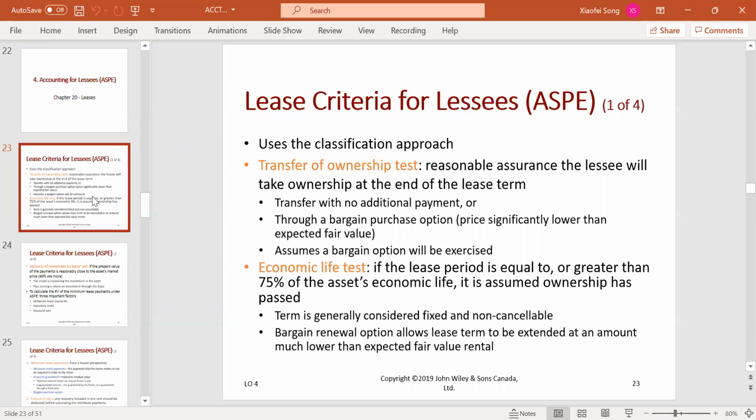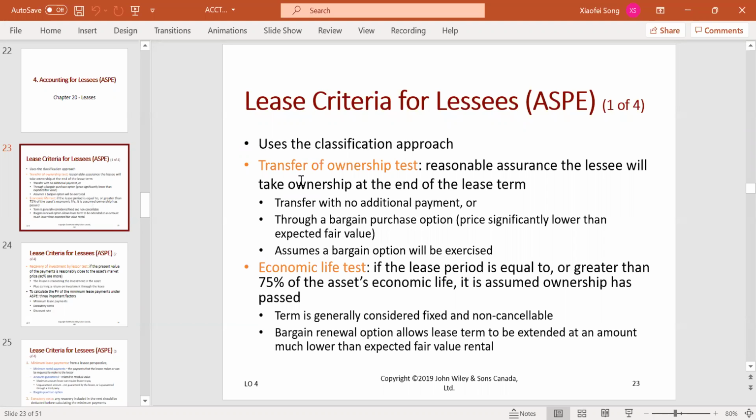Now the classification is done according to 3 criteria. The first one is transfer of ownership. Who gets to keep the equipment, the property at the end? If the lessee gets to keep the equipment at the end, then it's a capital lease.